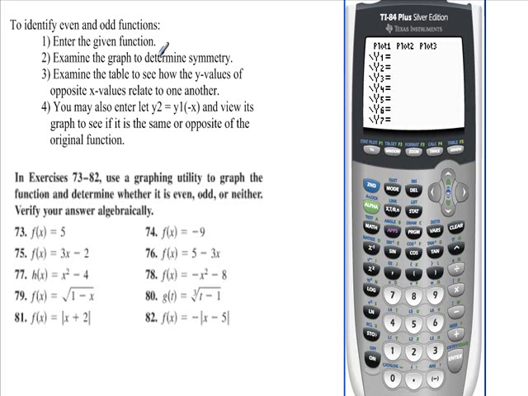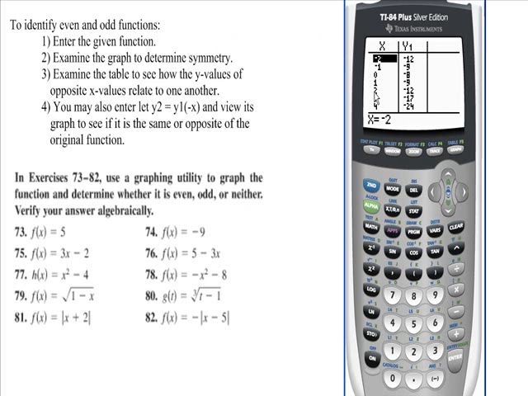Let's look at, for instance, number 78, negative x squared minus 8. And now graph. Just by seeing that, hopefully you could see that it is symmetric with respect to the y-axis, so this is an even function. I could also do the table by 2nd Graph, and here I need to compare how the y values of opposite x values relate.